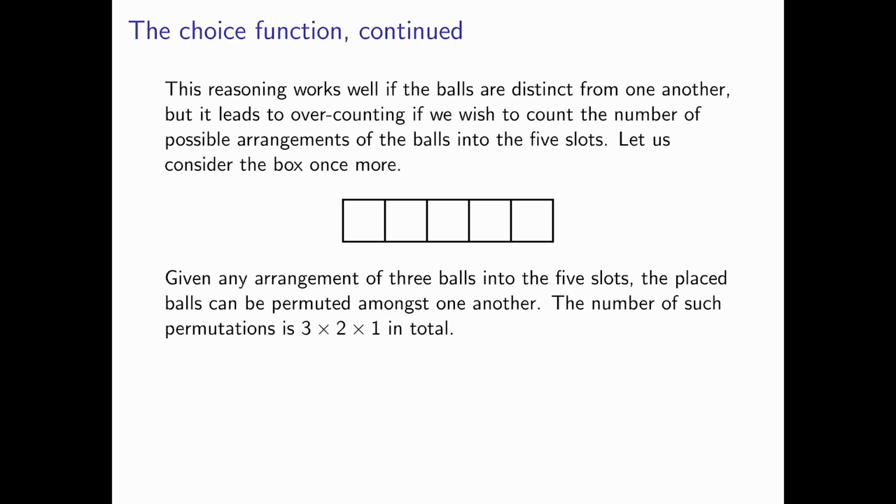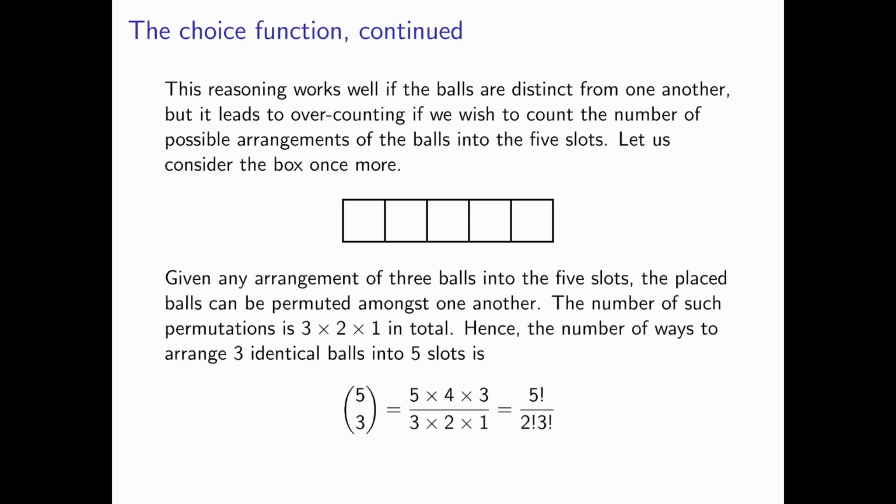And hence, since we don't care about the order of placement of the balls, we get that the number of ways to arrange 3 identical balls into 5 slots is what is known as 5 choose 3, written this way, which is by definition 5 times 4 times 3 divided by 3 times 2 times 1. So we have, first off, all the ways we can place the 3 balls, taking into account the order of placement, and then in the denominator we take into account the fact that in the numerator each arrangement is counted these many times.